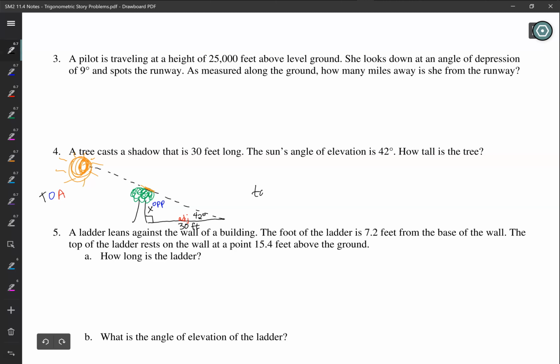So the tangent of 42 degrees equals opposite X over adjacent 30. Well, this time X is on top, so this is an easier problem. Just multiply both sides by 30. And you get that X is equal to 30 times the tangent of 42 degrees.